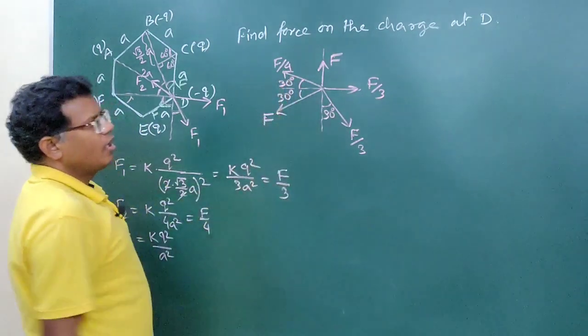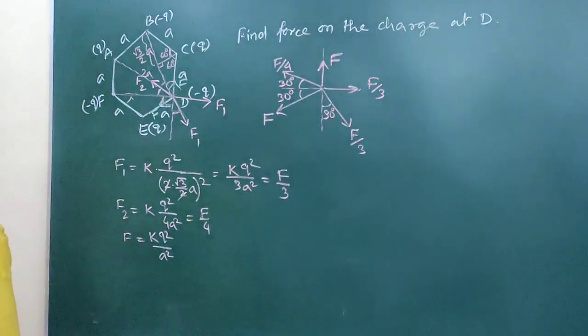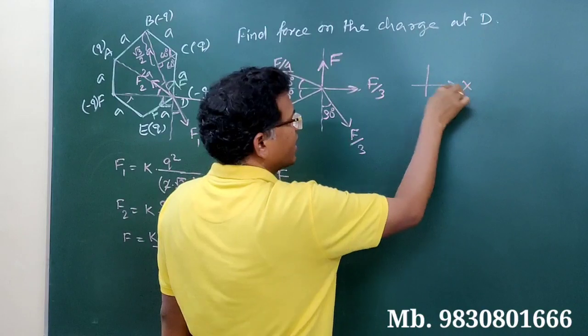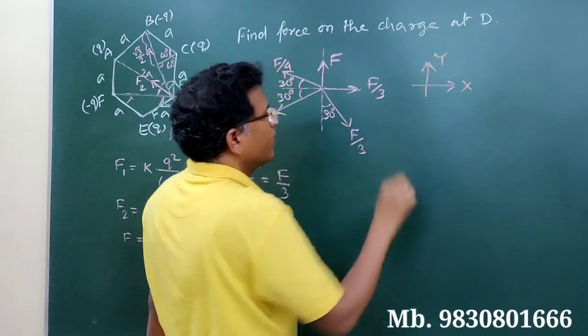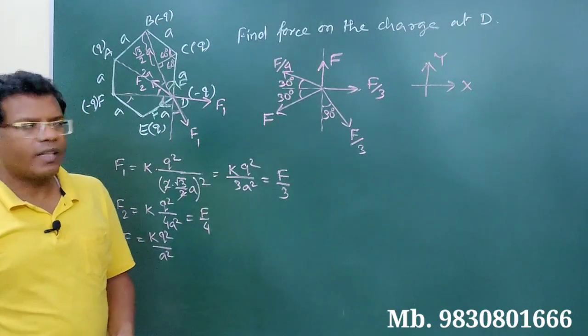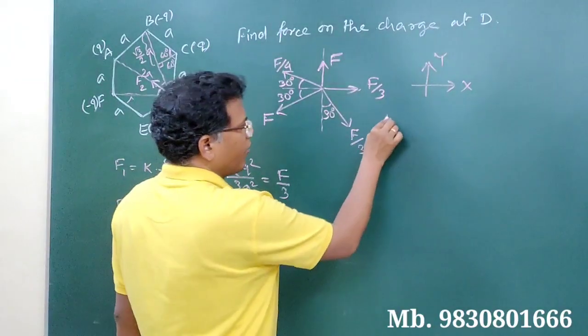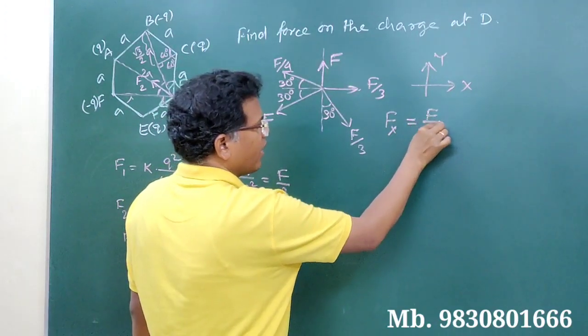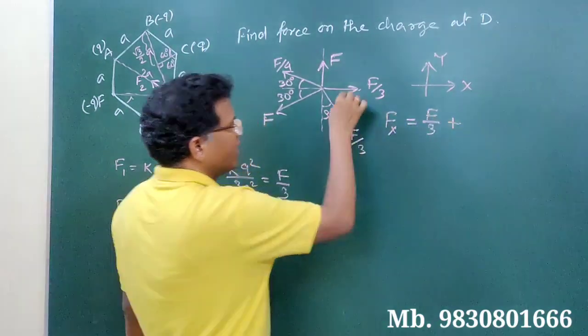So these are the total presentation of 5 forces based on the reference lines, horizontal and vertical, something like X and Y. So now we can bring them along the X direction. The total Fx can be written as F by 3, which is already there.